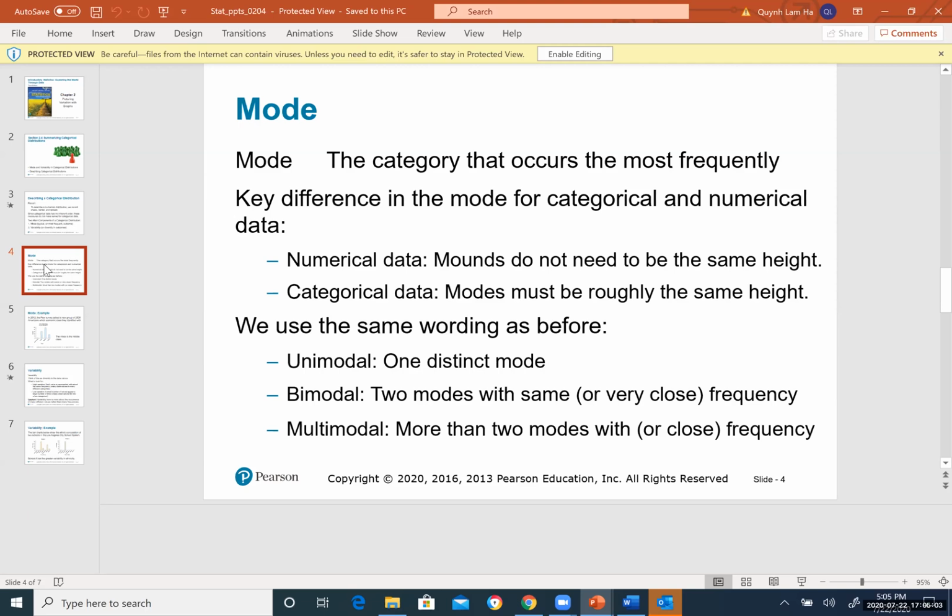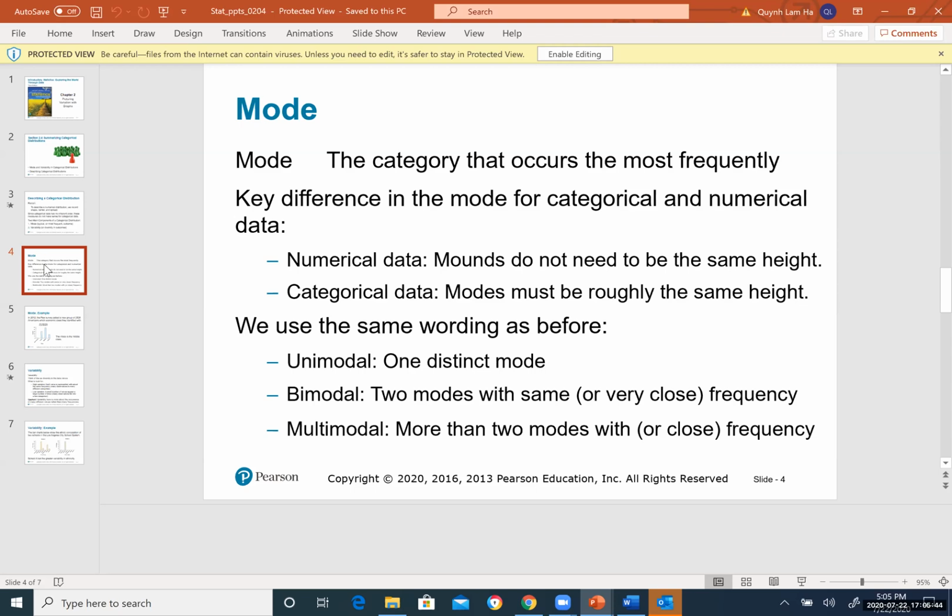For numerical data, whatever data repeats most frequently, maybe they don't give you a specific number of how many times it must repeat to be considered a mode, but usually maybe 2 times and above will be considered a mode. That's for numerical data. You can have 2 or more modes, or 1 or more modes. For categorical data, the modes must be roughly the same height, in which case they count only 1 mode.